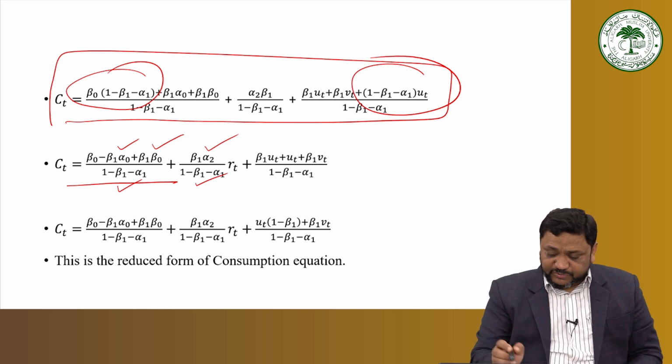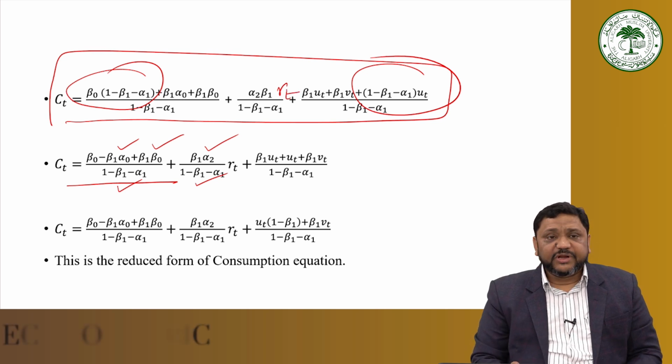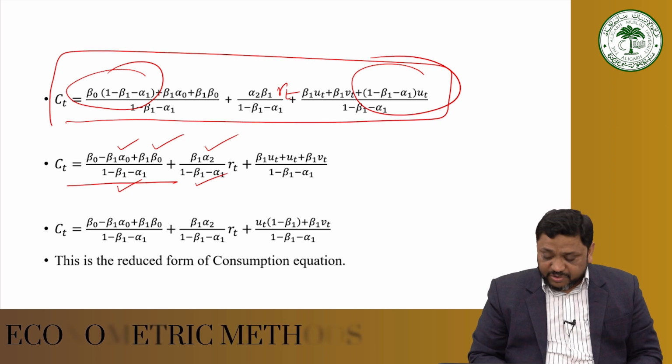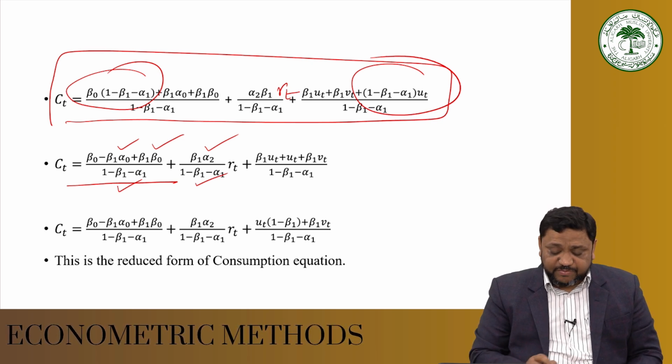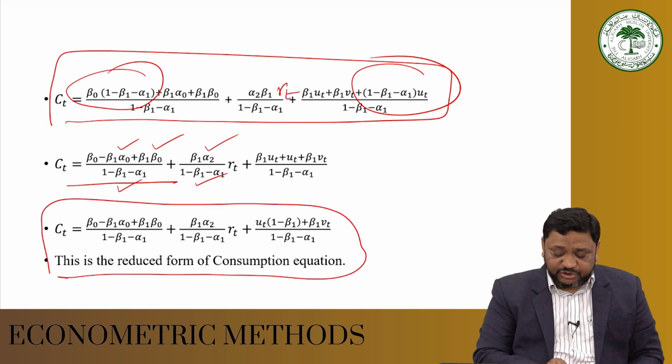I think here RT is missing. Plus beta 1 UT plus ut plus beta 1 vt divided by 1 minus beta 1 minus alpha 1. So this is my reduced form of the consumption function.